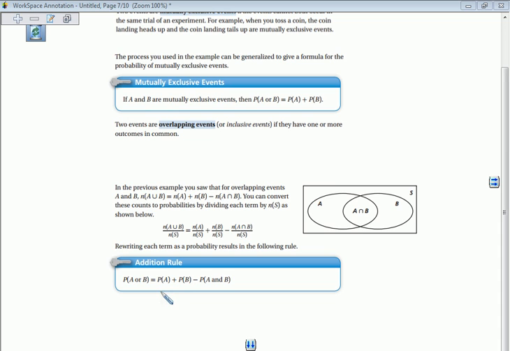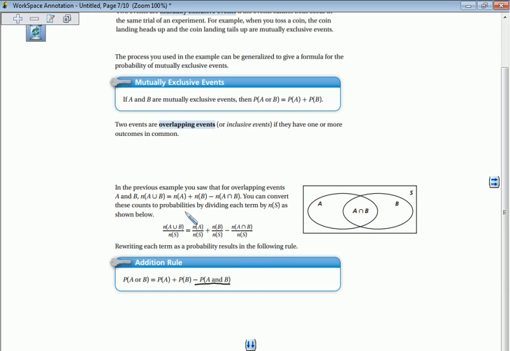So, we find the probability of A plus the probability of B. Then, if we do all of A plus all of B, haven't we counted that overlap twice? We have. So you have to subtract out the probability of the intersection, our overlap.